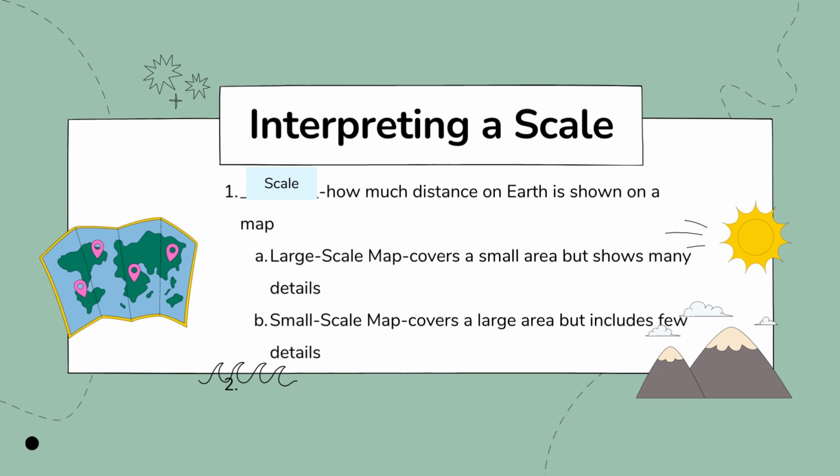Now these can be really confusing because they're opposite of what you think. A large scale map covers a small area, but it shows a lot of details. And then a small scale map covers a large area, but includes few details. That's because the amount of the distance that the scale covers is large to show a lot of details, but it's small to show just a few details.